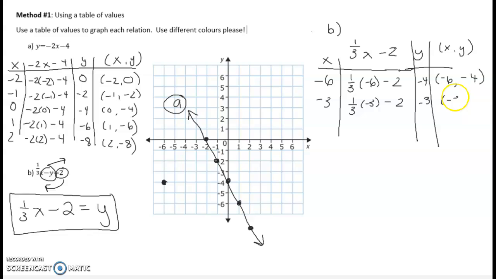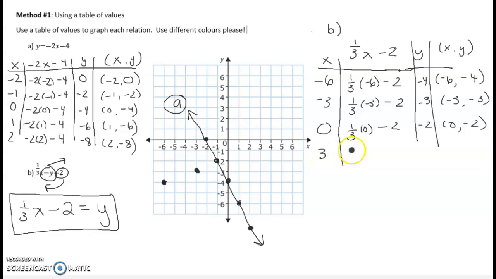Almost forgot how to count. So when x is -3, y is -3. Put a dot. Next one, good old 0. 1/3 times 0 is 0. 0 take away 2 is -2. So when x is 0, y is -2.